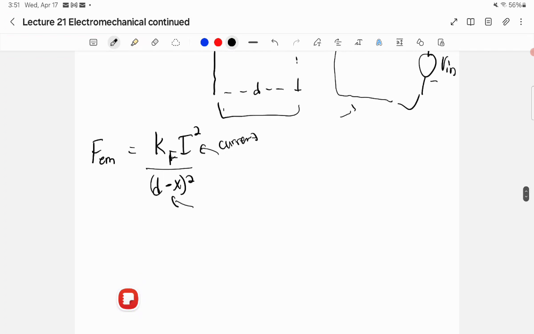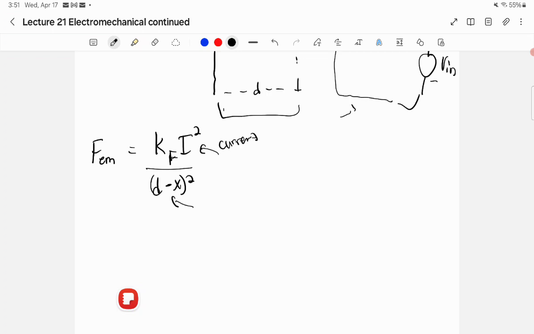This is a bit more like you might have seen in electricity. We learn that a lot of these forces decay as the square of the distance, things like this.